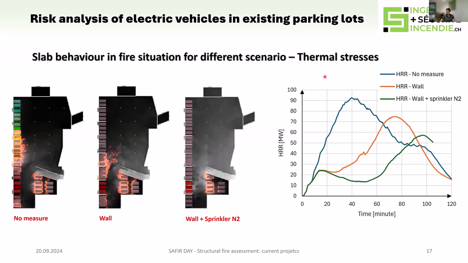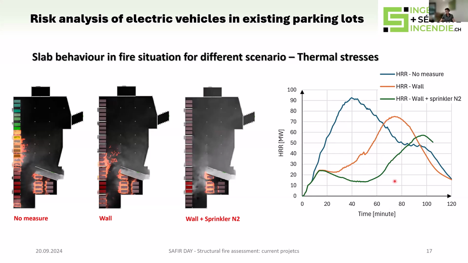So of course, in the existing situation, without any measure, there is nothing to limit the fire spread. So we get a high heat release rate around 90 megawatts after only 40 minutes. Whereas at the same time, we have just around 30 megawatts with the wall-contained fire, and around 15 megawatts with the sprinkler.